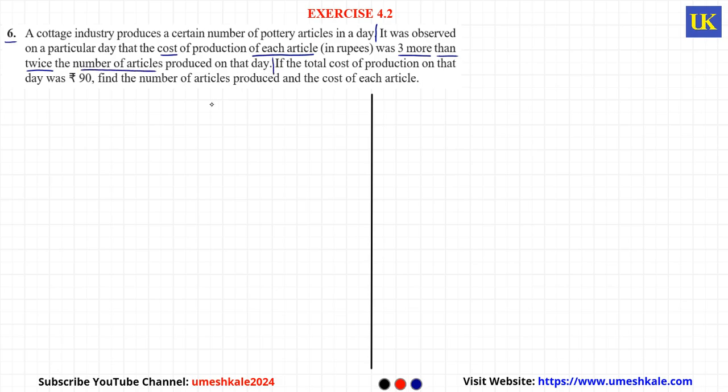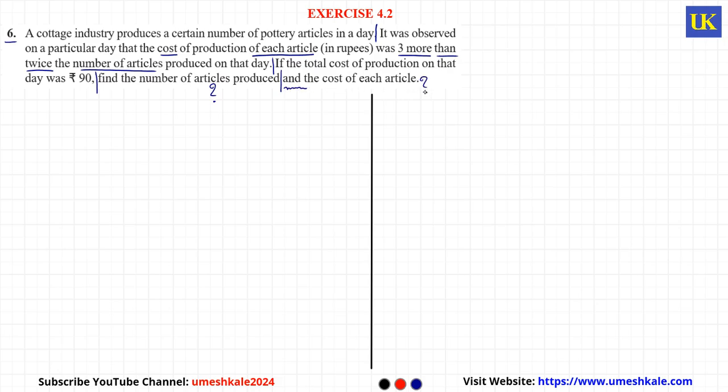Okay, so they are talking about the cost of each article. If the total cost of production on that day is rupees 90, then find the number of articles produced, and the cost of each article.